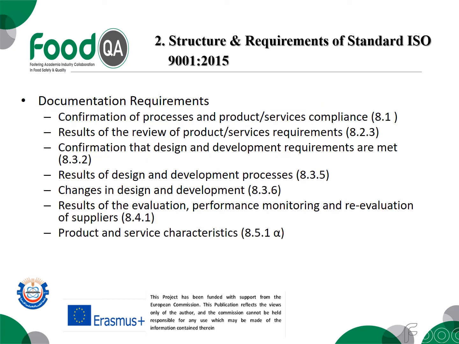Documentation requirements for applying ISO 9001 2015: confirmation process and product service compliance, which is clause 8.1, results of the review of product service requirements 8.2.3, confirmation that design and development requirements are met 8.3.2, results of design and development process 8.3.5, changes in design and development 8.3.6, results of the evaluation, performance monitoring and re-evaluation of suppliers 8.4.1, and product and service characteristics 8.5.1.